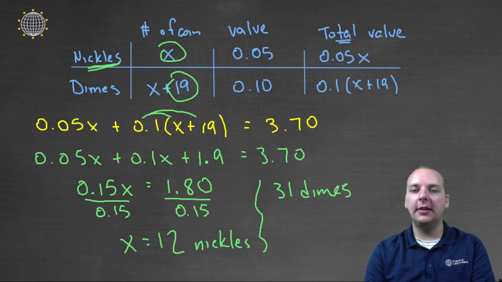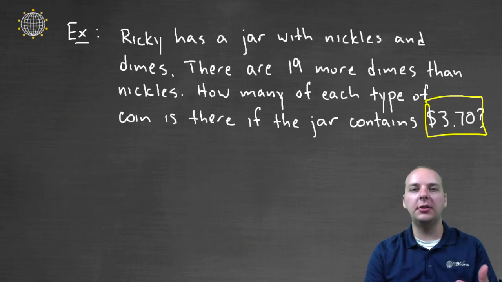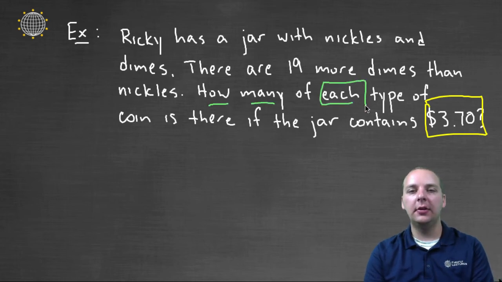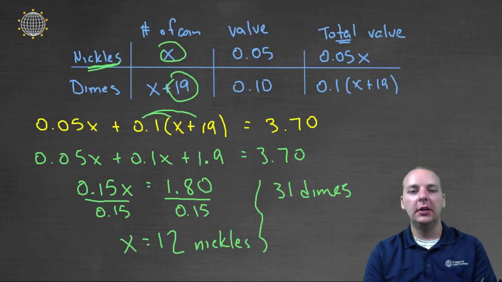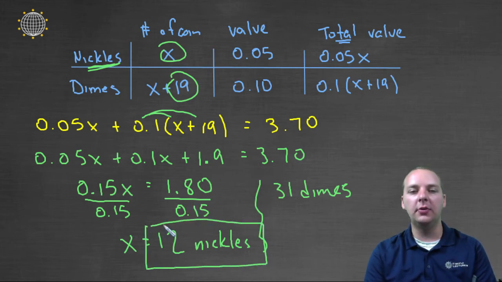So now, last thing, let's make sure we're answering the question that was asked. Let's read the question again. How many of each type of coin is there if the jar contains $3.70? So we're done, right? We said that there are 12 nickels and there are 31 dimes.